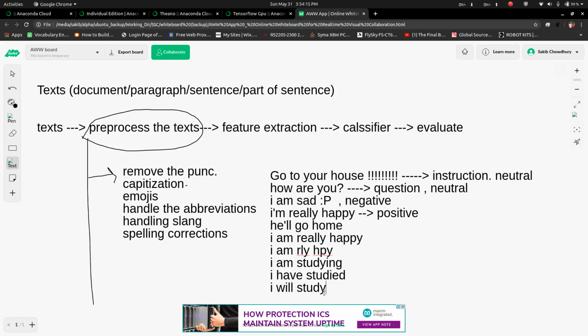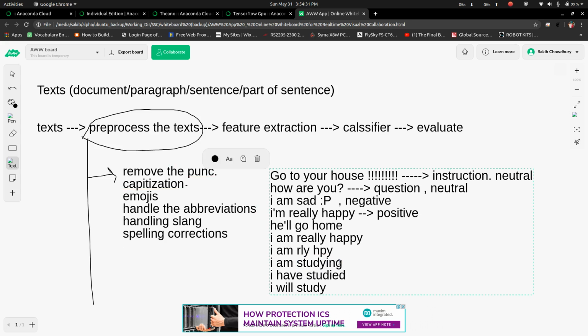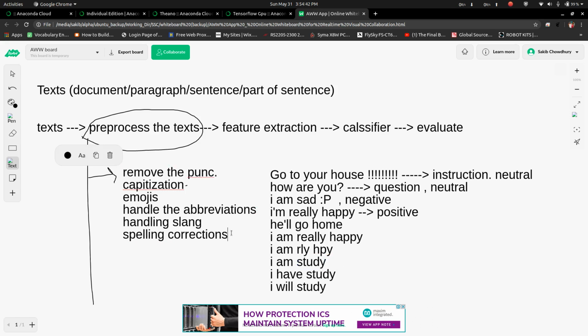It might consider study, studies, and studying as three different words, but we know that all of these are the same word. So we have to convert all these words into the same word, study. This task is called stemming. So we have to perform stemming.